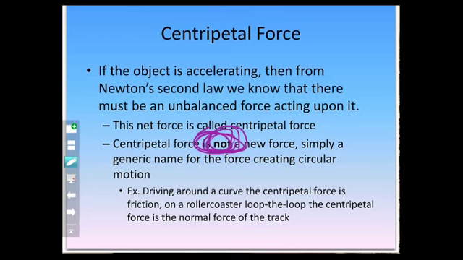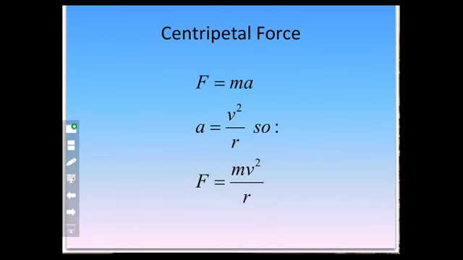If you swing a yo-yo around your head on a string, there's tension in that string acting as the centripetal force, causing the yo-yo to move in a circular path with acceleration along the line of the string. So centripetal force is not a new force. It's simply an application of all of the other forces that we know of. And we calculate it essentially the same way.